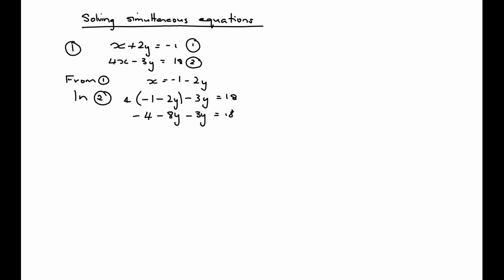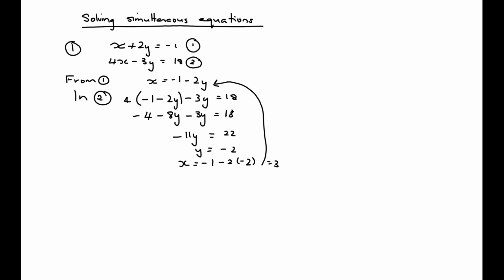And from that we get -11y equals 22, so y is equal to -2. And putting that back into one of them, x is equal to -1 minus 2 times -2, so we've put that back into here, and we've got that x is equal to 3.